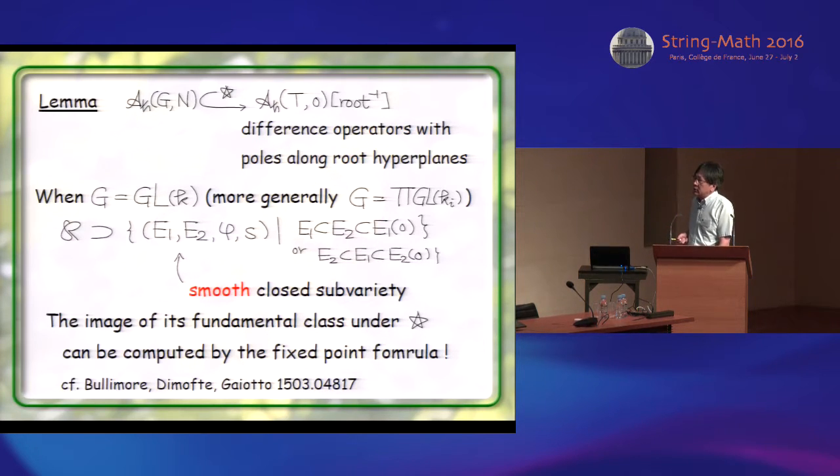This kind of realization of the quantized Coulomb branch in the Coulomb branch for the abelian gauge theory appeared in the physics paper of Bullimore, Dimofte and Gaiotto. This is very useful if G is the general linear group or its product. We obtain explicit difference operators with poles along hyperplanes, and you just compute what they are.